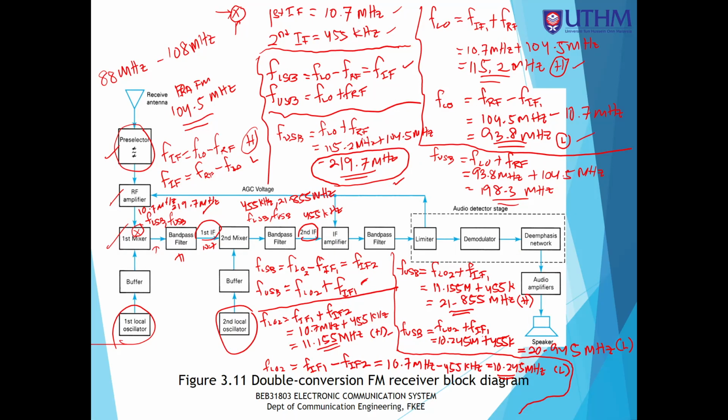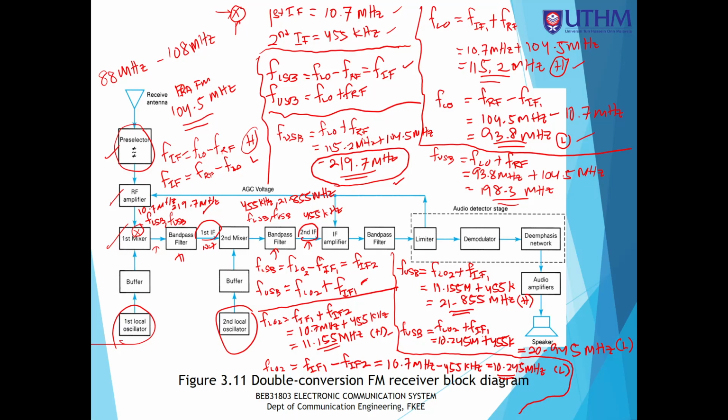Remember, the purpose of the second mixer is to further reduce the frequency to become the second IF. So I don't need the upper side band. The higher frequency needs to be removed, which is done by the band pass filter. The band pass filter selects the lower frequency, the second IF, centered at 455 kilohertz.